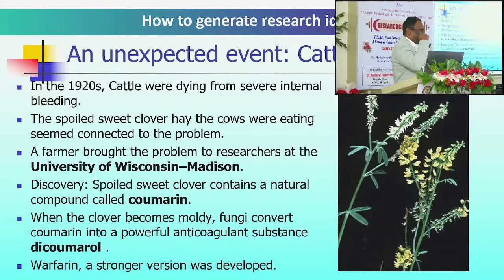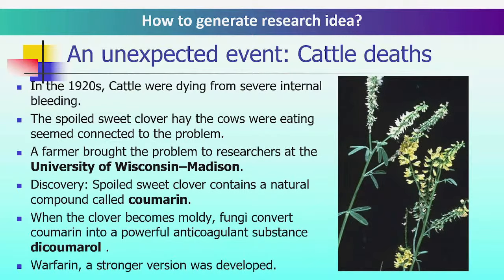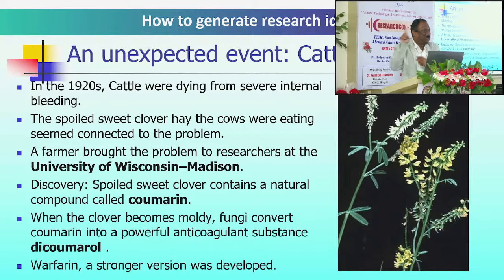hay the cows were eating was responsible. Whenever the cows were eating that spoiled hay, they were dying because of internal bleeding, or because of any minor procedure such as deworming.